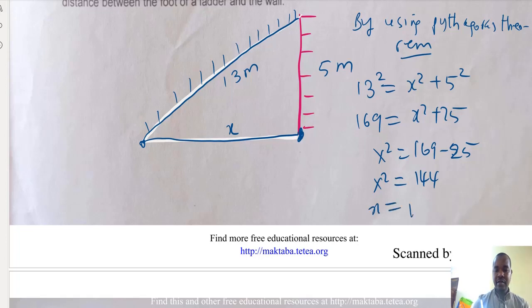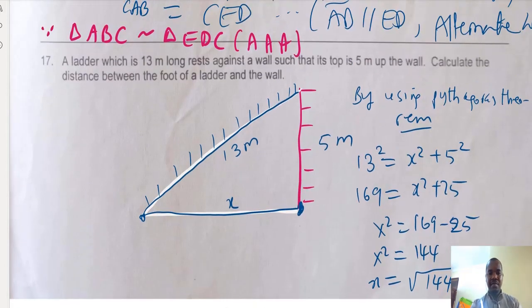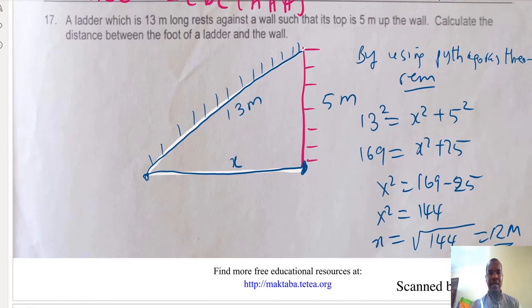So x will be the square root of 144, which is 12 meters. So the distance between the foot of the ladder and the wall is 12 meters, dear students.